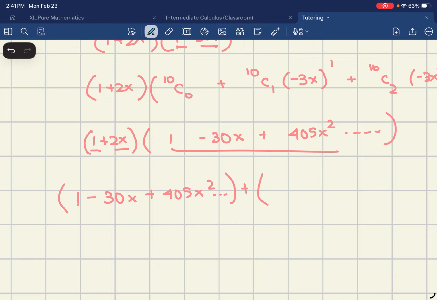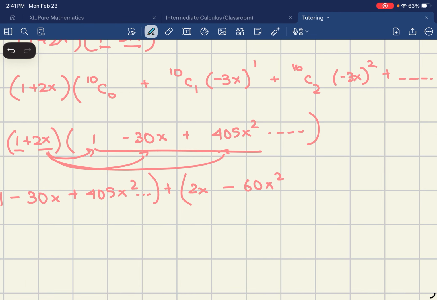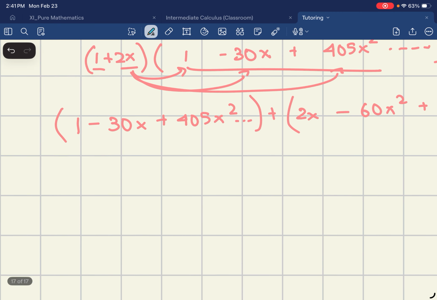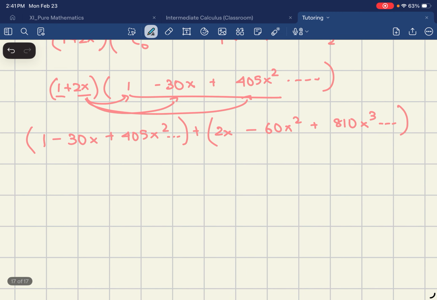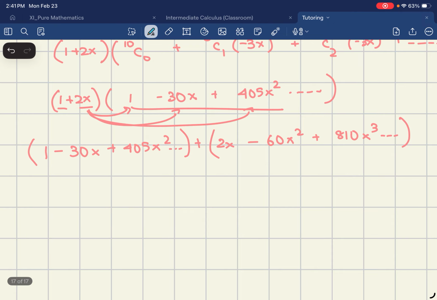Plus I multiply everything with 2x. So 2x minus 60x squared, right? And the third multiplication is going to give me plus 810x cubed, and on and on. And now I can add these. So the first 3 terms in ascending powers is going to be x to the power 0, x to the power 1, and x to the power 2.